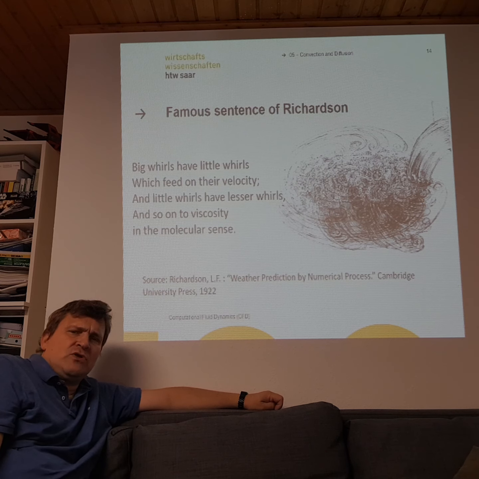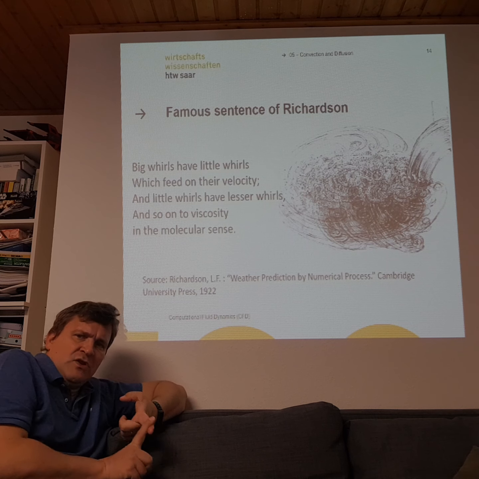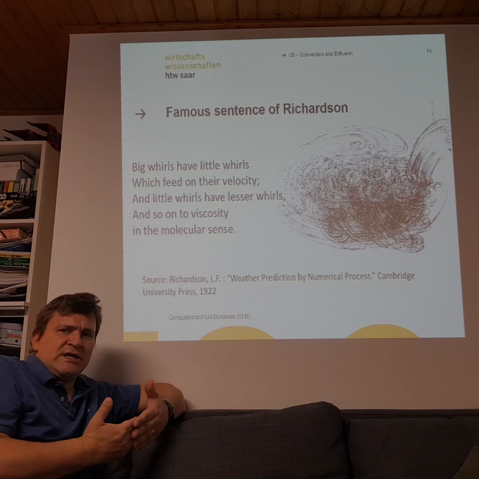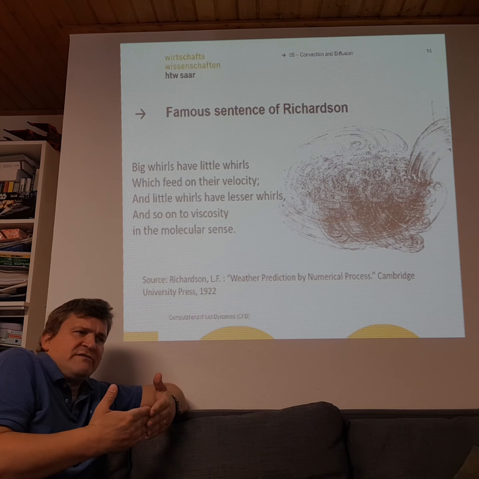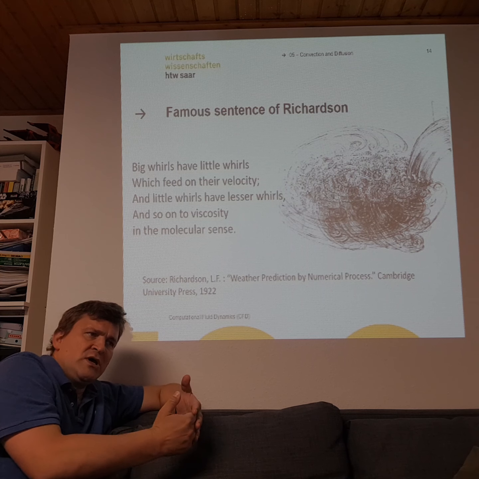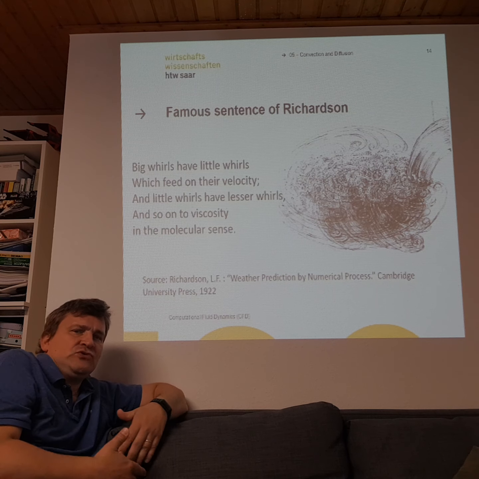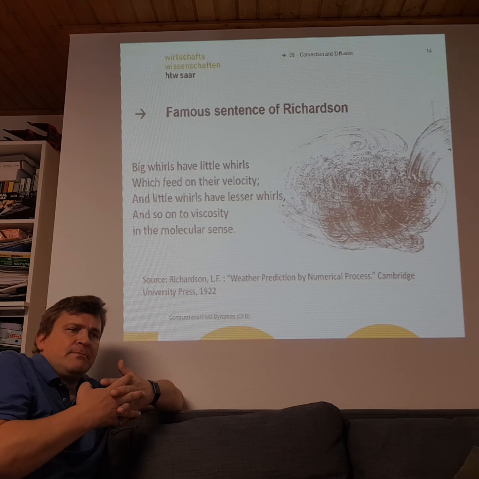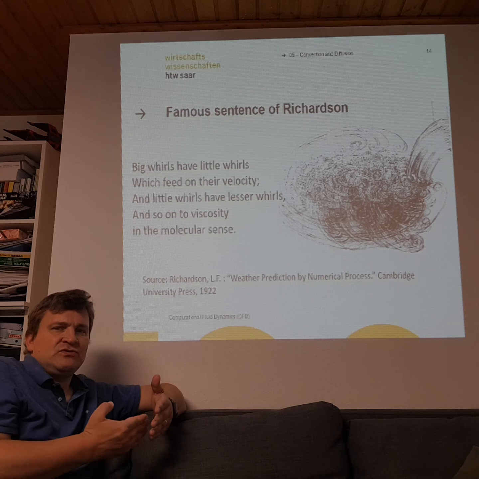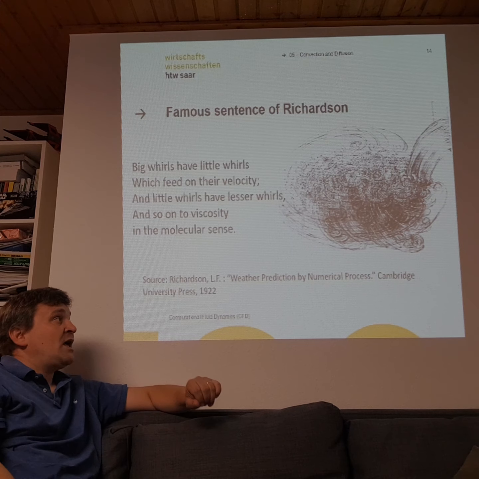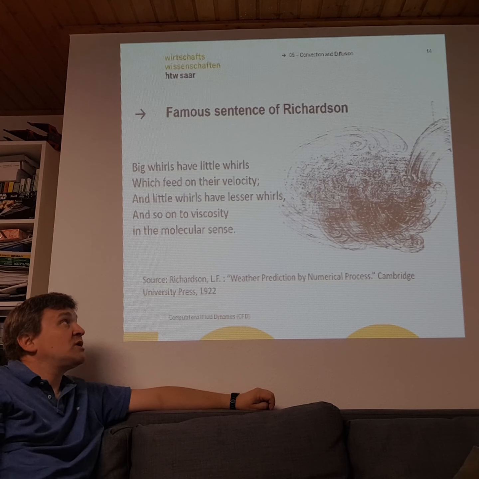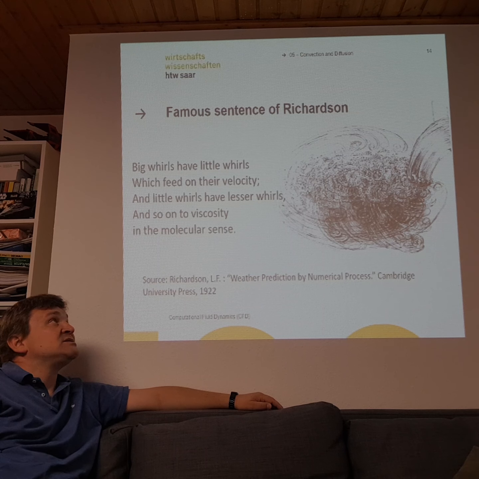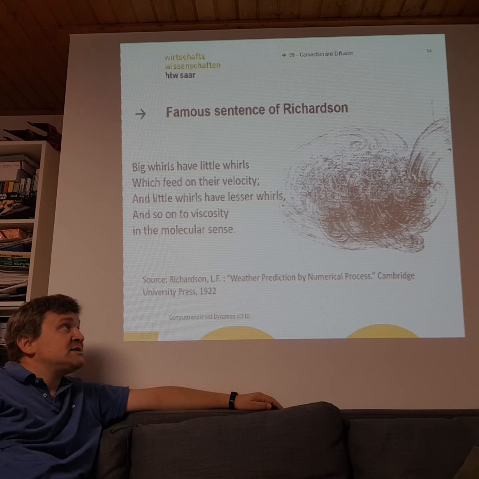Okay, so you've learned we have convective flow, that's what we normally learn at school or in the low grade classes, and we will also have, in addition to this convective flow, a diffusive flow, and the diffusive flow is built by the turbulence and the swirl, and more or less it is described by a diffusion coefficient. And so let's have a small look, and I put this very famous sentence of Mr. Richardson on my slides.